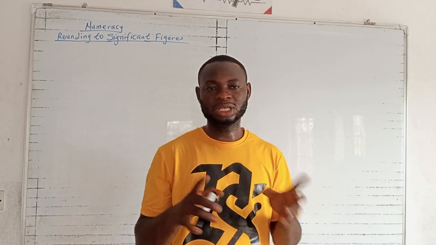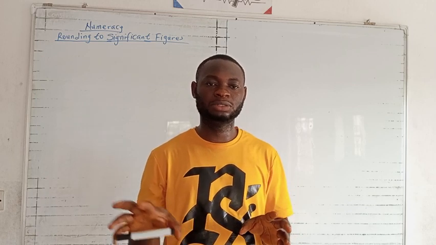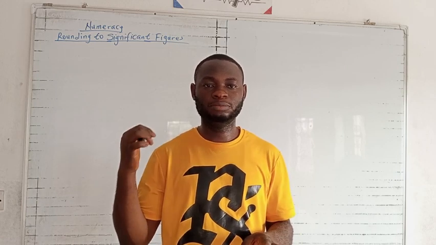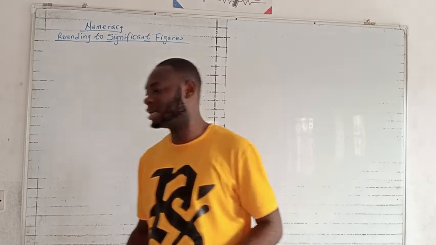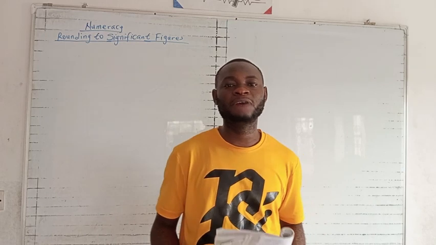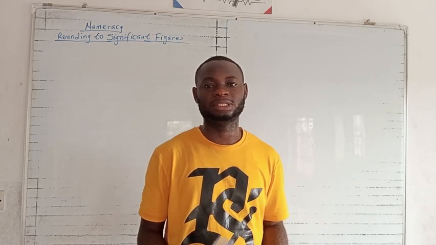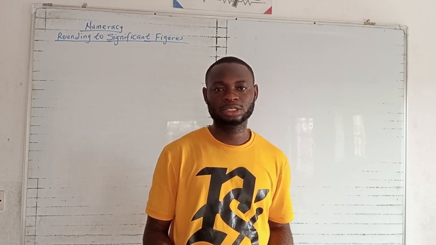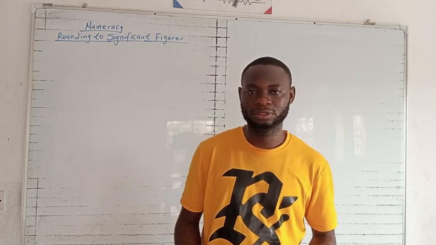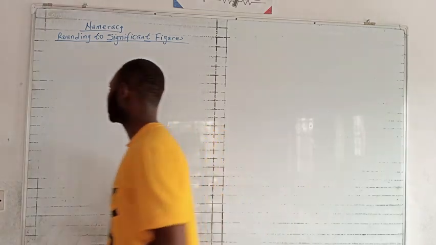So these are the two scenarios when we talk about rounding decimal numbers to significant figures, and then the whole number part also. Let's look at the following examples to help us have more insight into rounding numbers to significant figures.